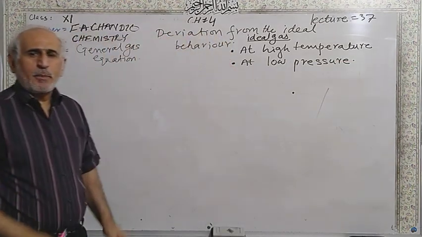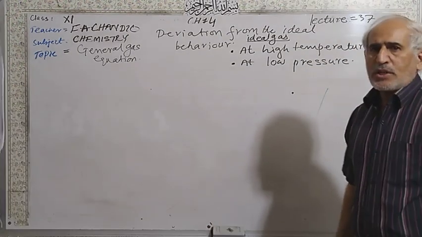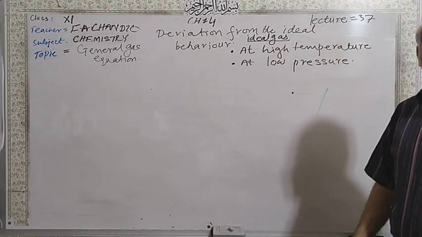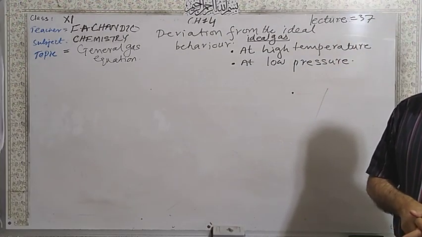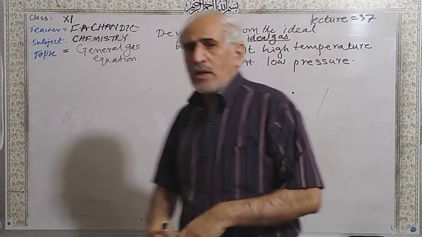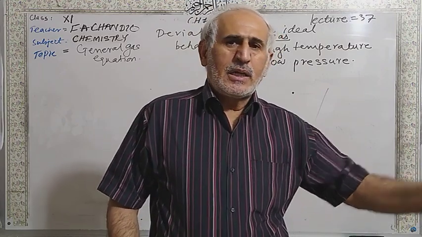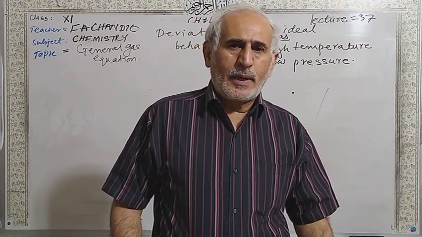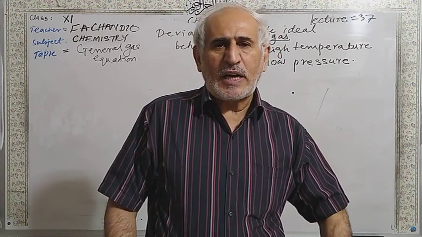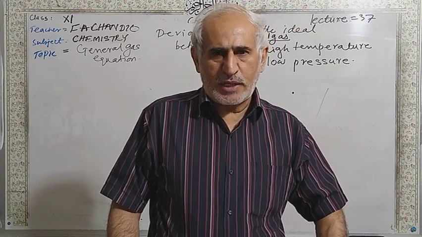If you maintain high temperature and low pressure, the gas shows more ideal behavior. It means that if you have a gas, suppose we have ammonia gas, and initially you are maintaining the temperature at 25 degrees Celsius and the pressure at 1 atmosphere.